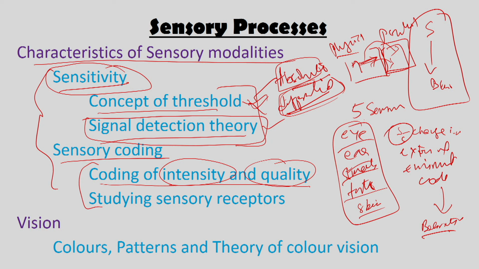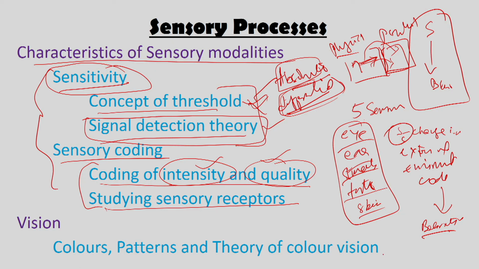So, the rate at which information is falling and the amount of information falling on any sensory receptor is coded in terms of intensity and quality. And then we looked at how the sensory receptors function while taking in this information.